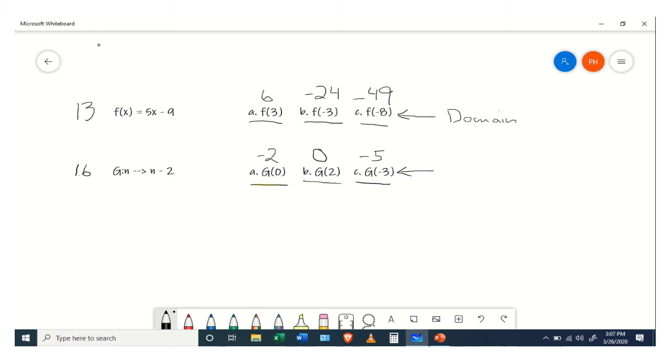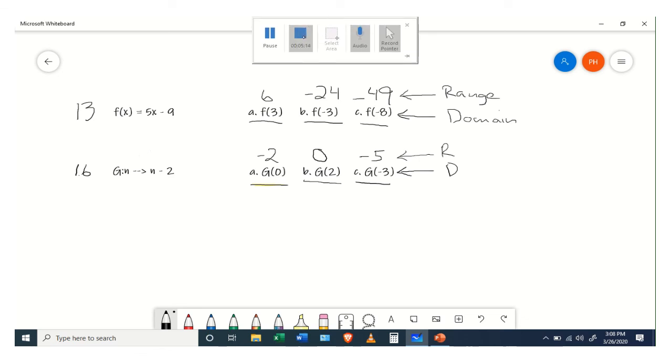And then these guys as our outputs, our results, would be the range, all right? So we'll just use D and R here. So that's how you do these. Hopefully that will clarify the rest of the problems for you.